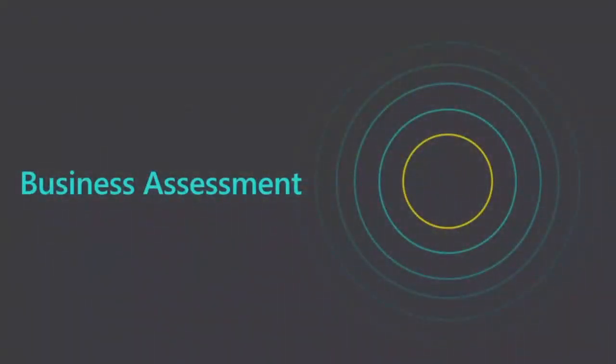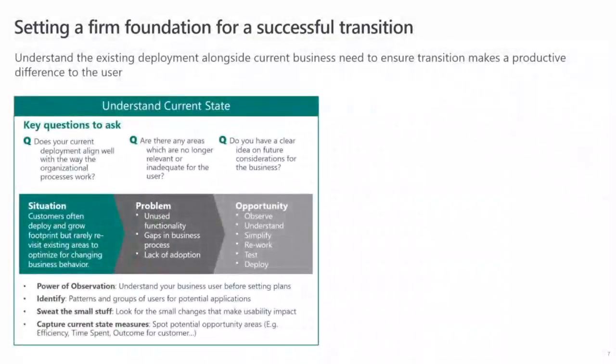So first, the business assessment, which is really about setting a firm foundation for a successful transition and understanding your existing deployment alongside your current business needs to ensure that the transition makes a productive difference to the user. It's really important that this is not an IT-driven project, but rather a business value-driven project.